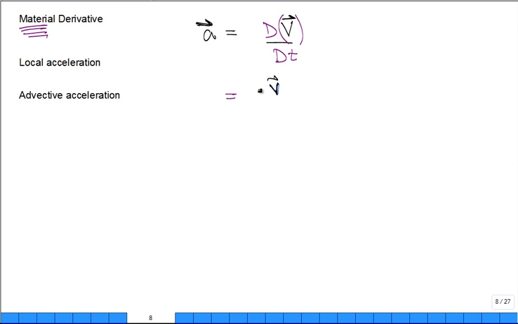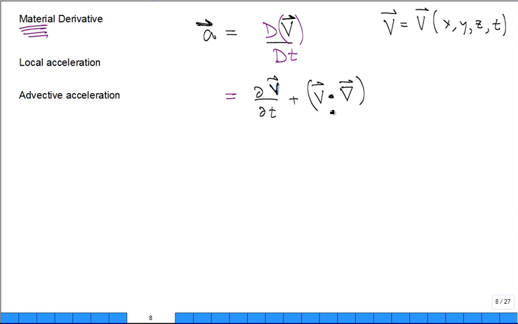This V is a function of x, y, z, and t. If I want this material derivative, it's going to be the partial derivative with respect to time plus the velocity vector dotted with the del operator, all of that applied to the velocity.